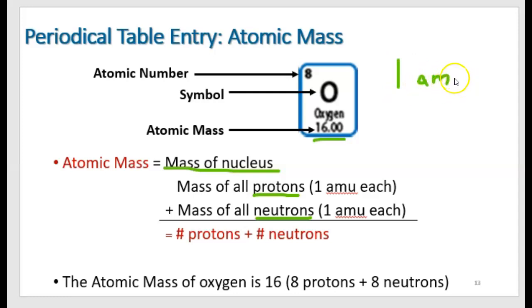So from this entry of 16 for oxygen, you can subtract 8 protons, and then you have 8 left, so that tells you how many neutrons are present. There will be 8 neutrons in every atom of oxygen.